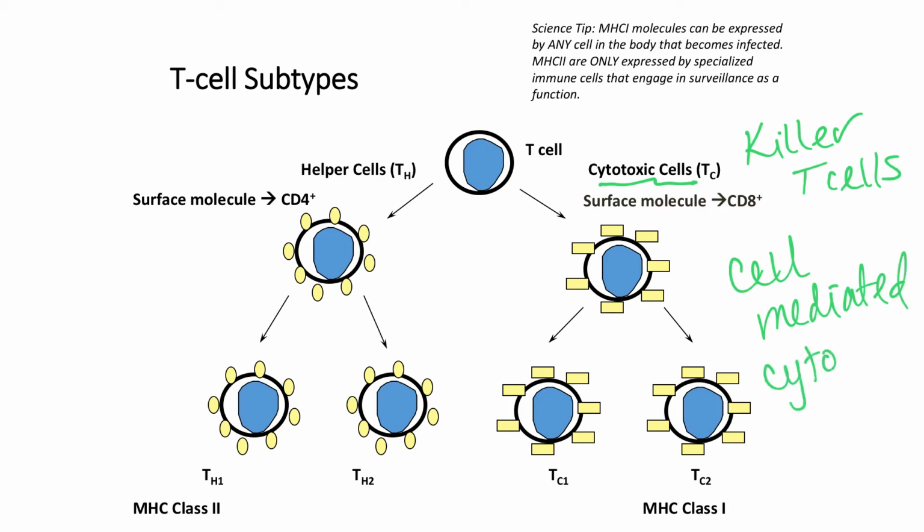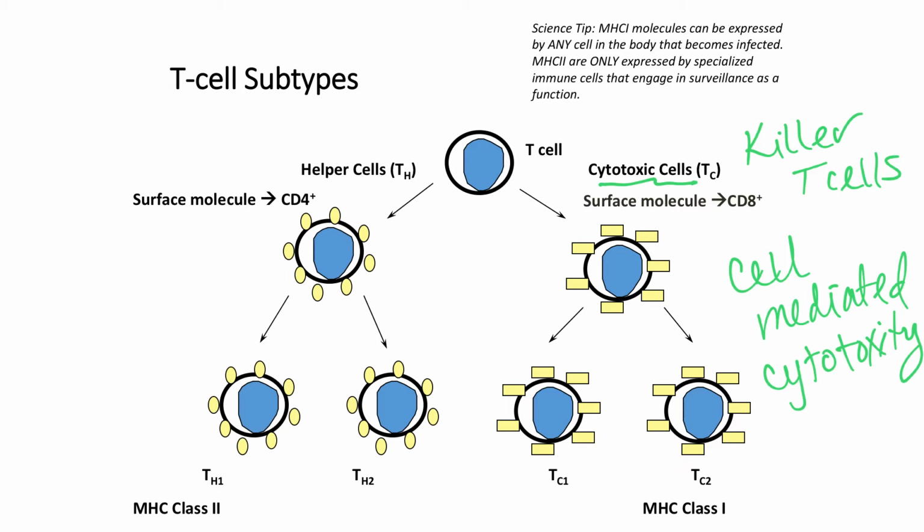They bind to cells that have become infected and they spray kind of like a very poisonous substance on them so that it dissolves and kills that cell. There are two different types of killer T cell classes, 1 and 2, which we'll see also in a little bit.